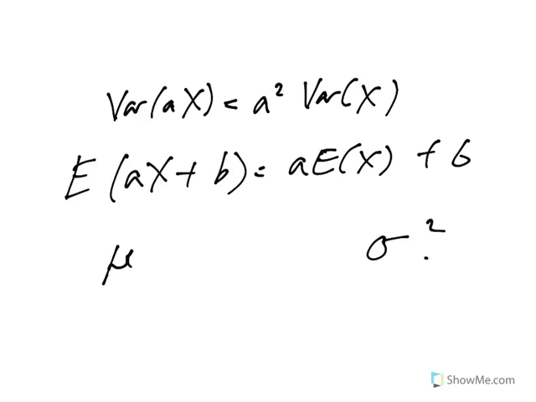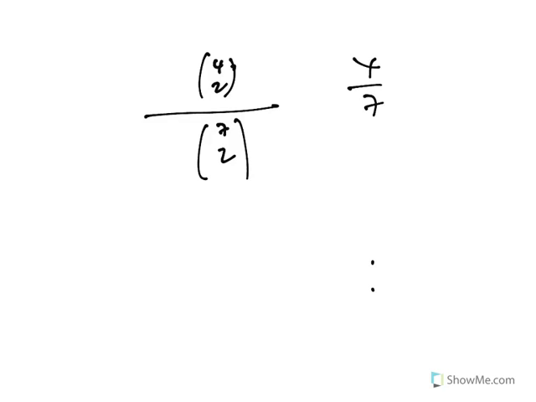Then try 11. Think about it. This is like I take 4 choose 2 over 7 choose 2. 4 choose 2 is 6. 7 choose 2 is 21.